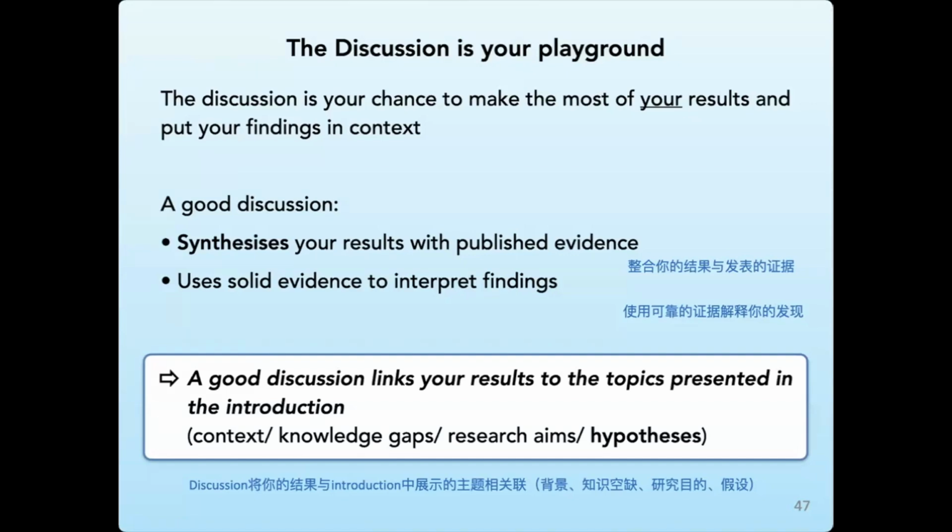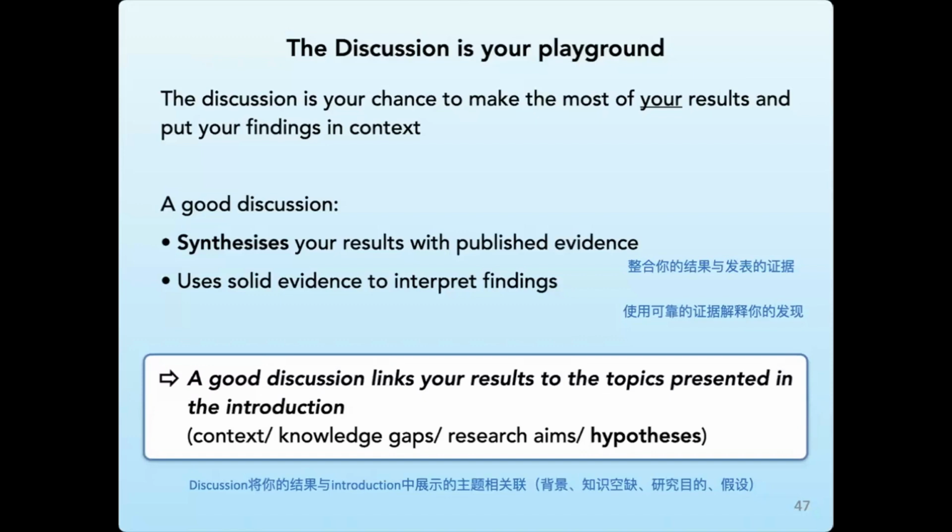When I get reviewer comments back, or comments from a handling editor, saying this discussion is unstructured, or it's very hard to follow the discussion, it's usually because the discussion does not refer back to those initial aims and hypotheses, does not refer back to that broad context that was provided in the introduction.